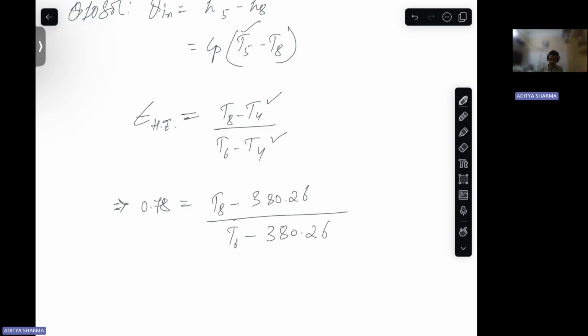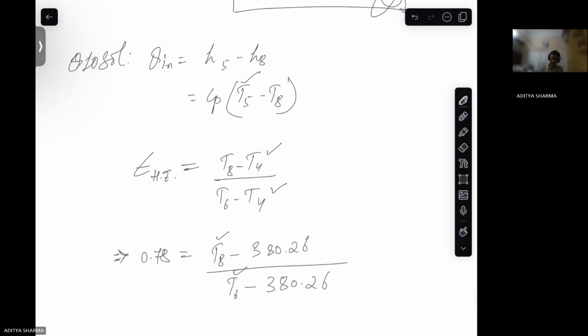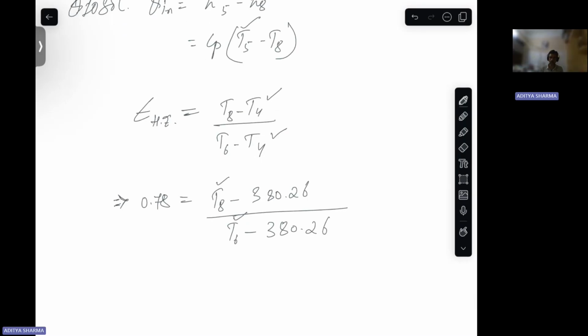So this we have. But here we don't have T8, we don't have T6. At last, what we are concerned with is T8. But to find T8, we need T6 also. Then we need to calculate T6. So how can we calculate T6?